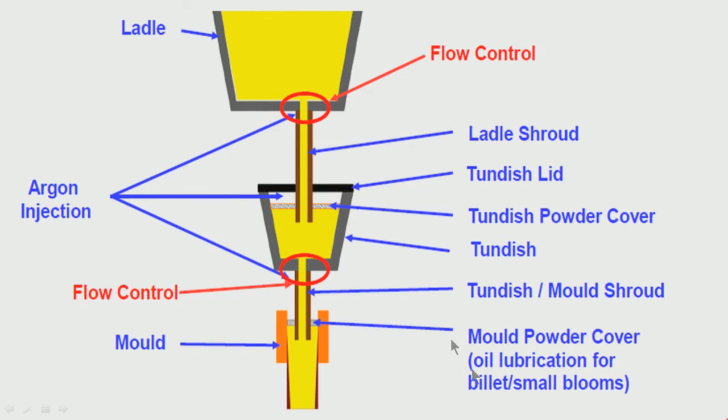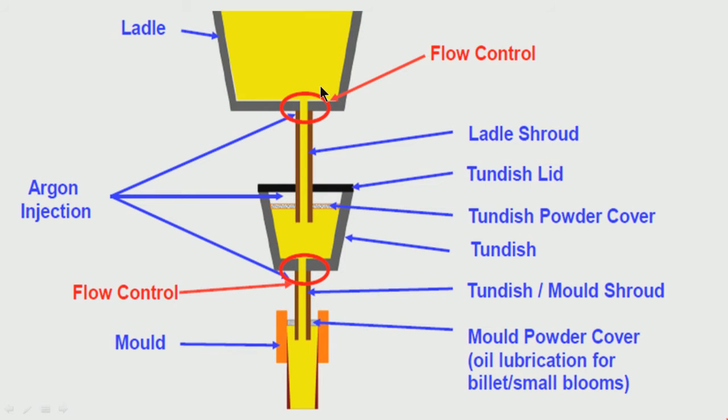As I was telling yesterday, when liquid steel is coming down from the exit of the ladle, towards the end of the ladle, slag tries to come in, because slag is there at the top of the liquid steel.